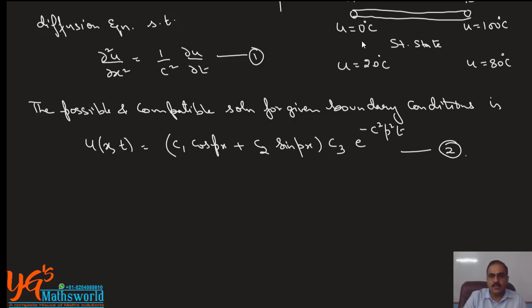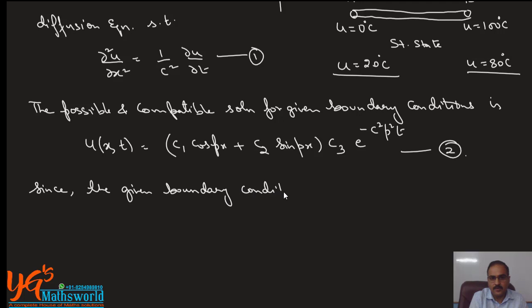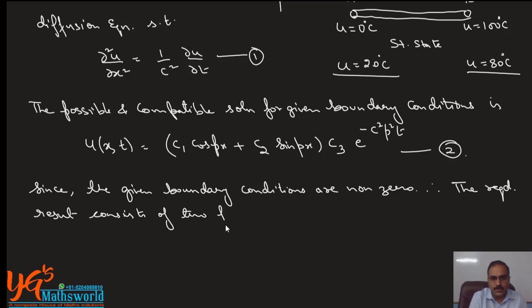Now if I look at the given boundary conditions, we have these two values which are non-zero. Since the given boundary conditions are non-zero, the required result consists of two parts.